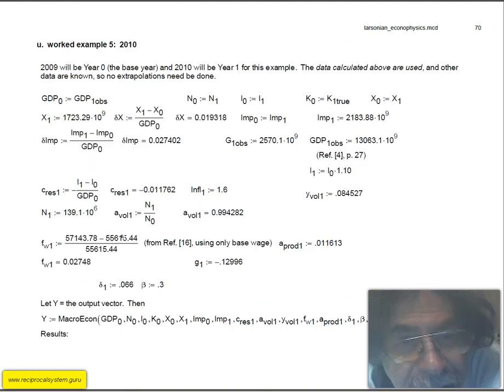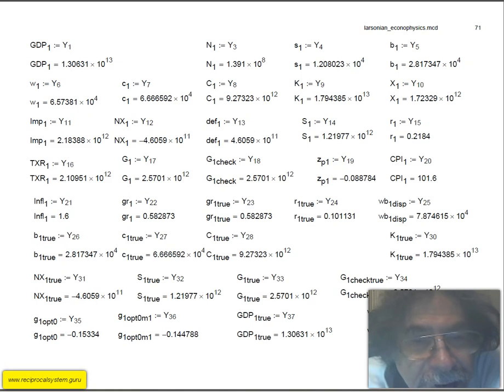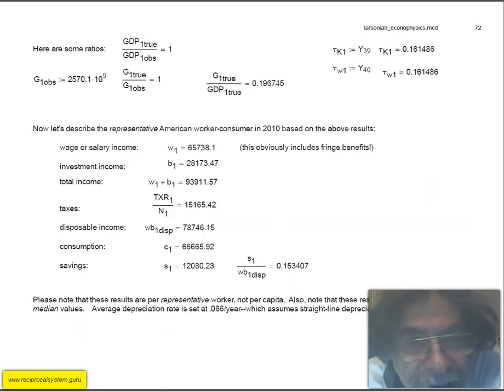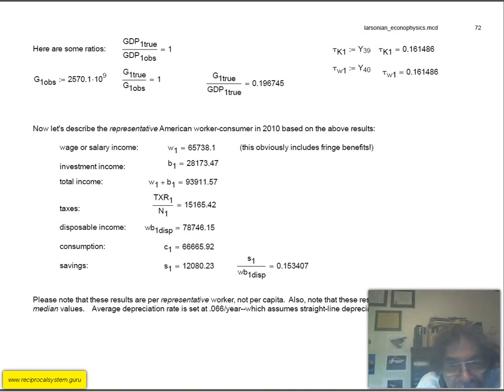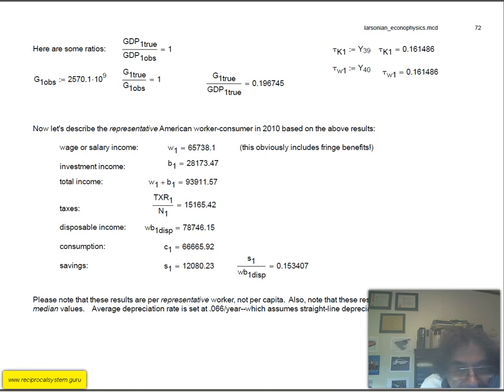Okay, in 2010, all these numbers, you can download the paper and check these numbers yourselves. Wage or salary income 65,738.10. Investment income 28,117.47. Total income 18,911.57. Taxes 8,165.42.